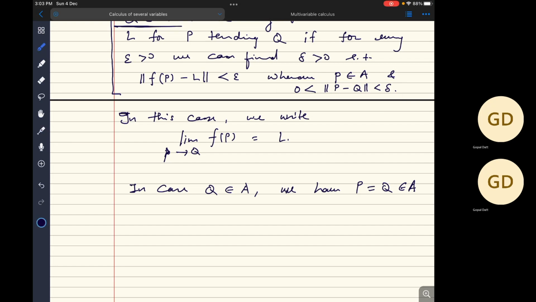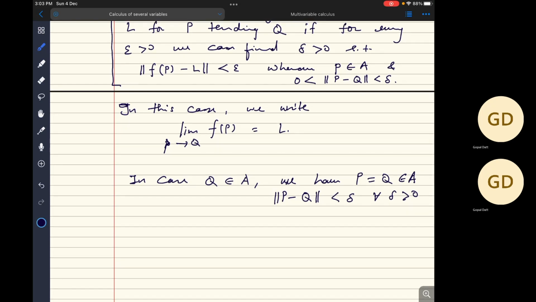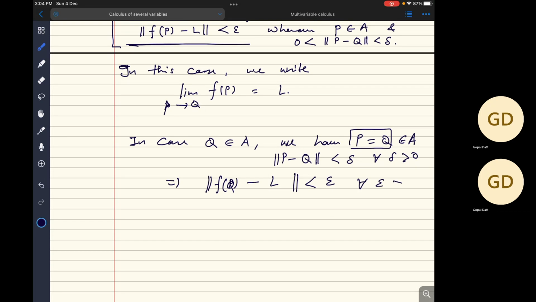Therefore we have f(p) minus L less than epsilon, and since we are taking p equal to q, we can write f(q) minus L less than epsilon, and this is true for all epsilon positive.